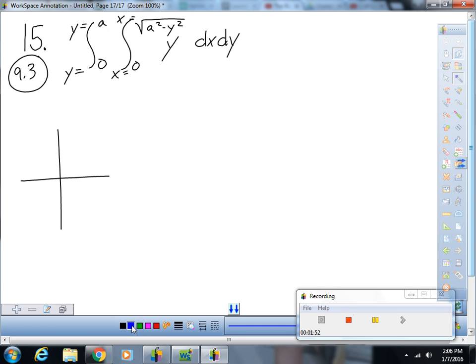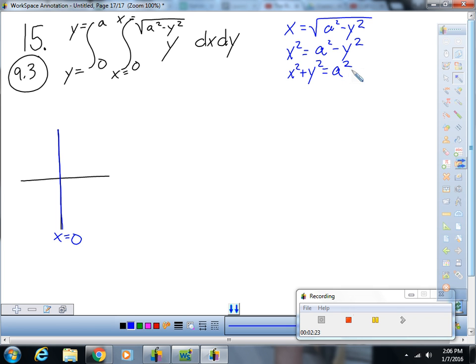So, this is x equals 0. X equals positive radical a squared minus y squared. Square both sides? Exactly.